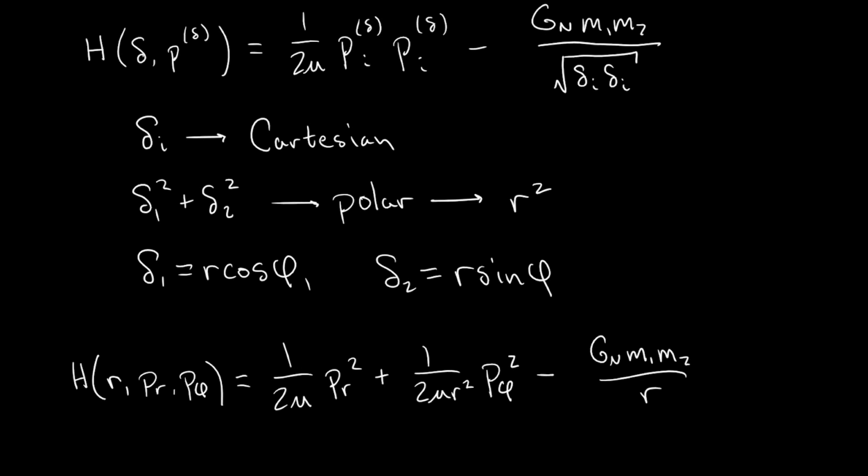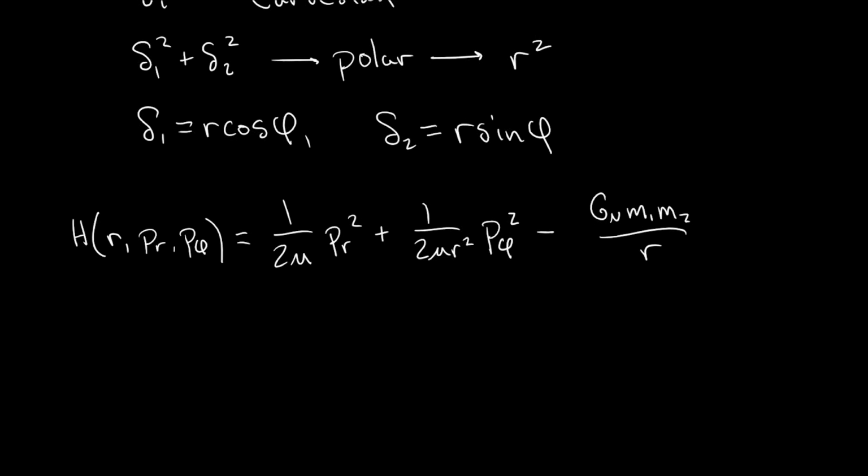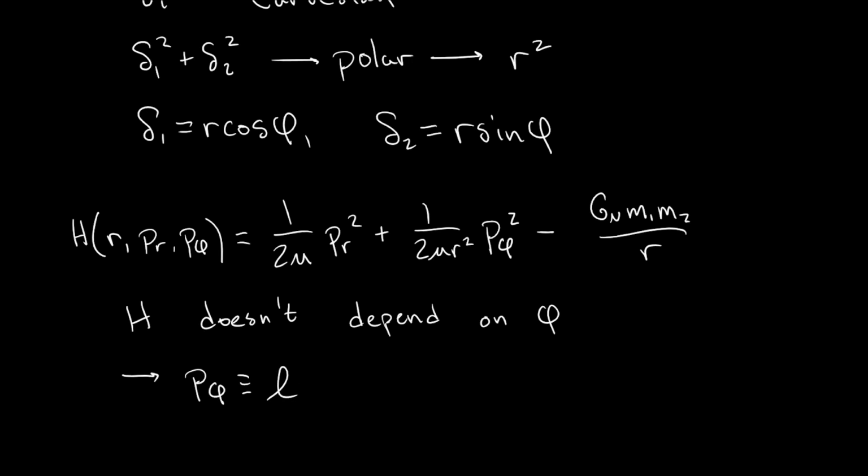We can notice that, again, H doesn't depend on phi. And so we automatically know that p_phi, which I'm just going to call L, is conserved.